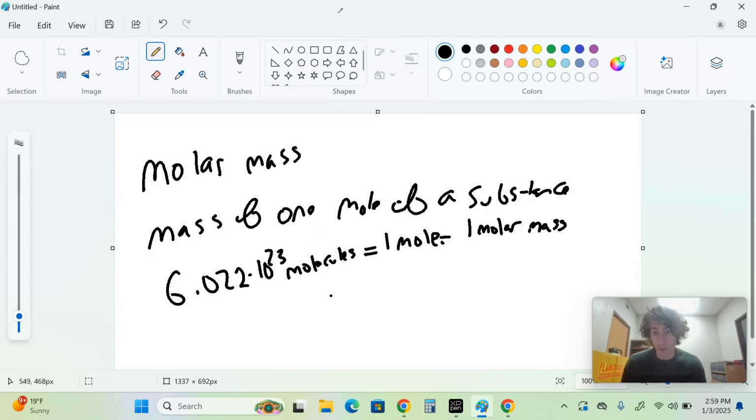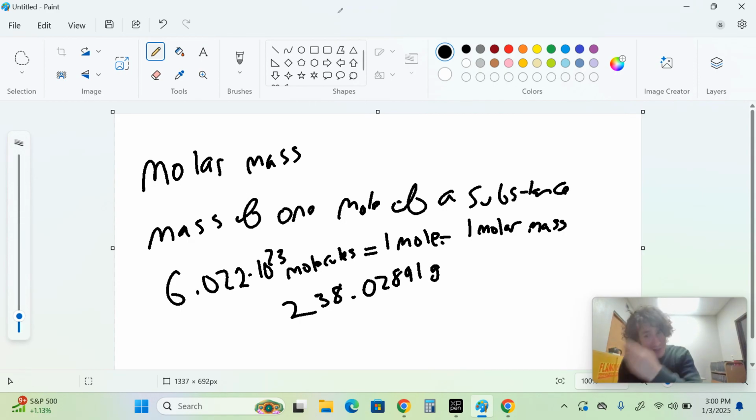Okay, so we pick maybe another element. Maybe I pick, I don't know, uranium, right? So 1 mole of uranium on the periodic table, according to this, is 238.02891 grams. Notice how much heavier that is, right?